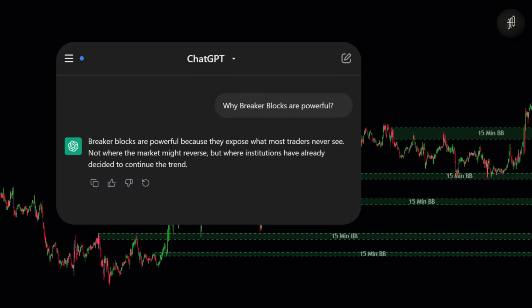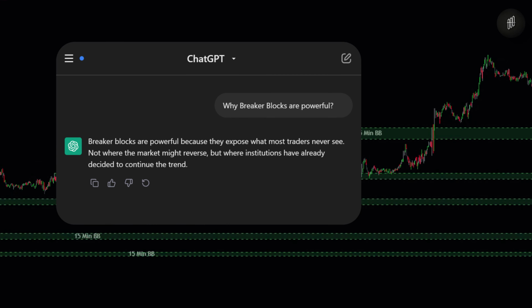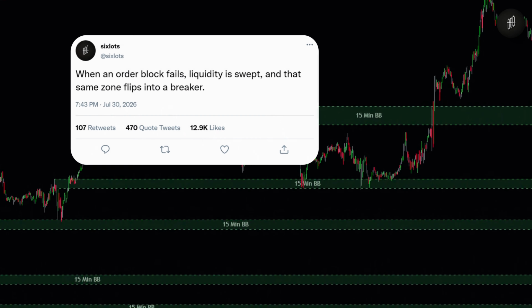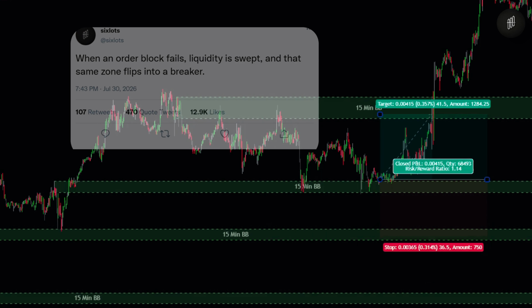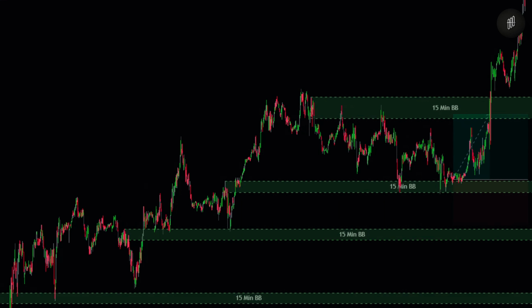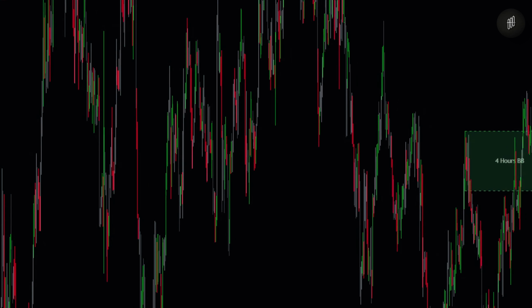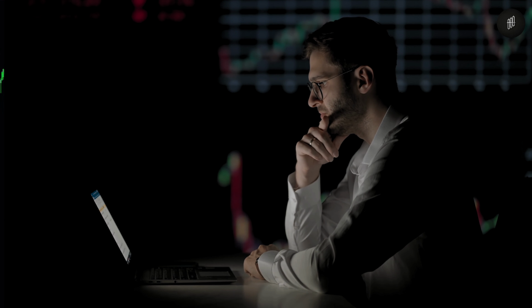Breaker blocks are powerful because they expose what most traders never see: not where the market might reverse, but where institutions have already decided to continue the trend. When an order block fails, liquidity is swept, and that same zone flips into a breaker, the market is clearly showing its hand. By learning to wait for the violation, the return, and a lower time frame change of character, you stop reacting emotionally and start trading with structure and logic.